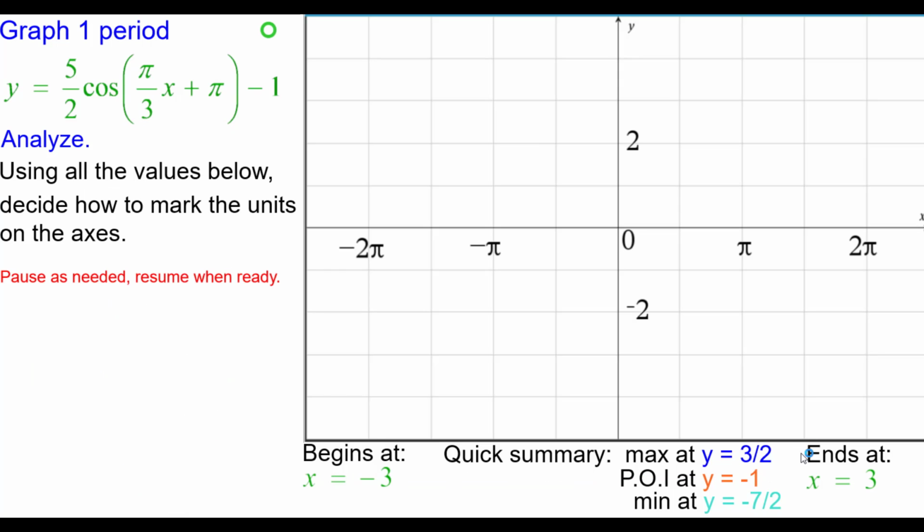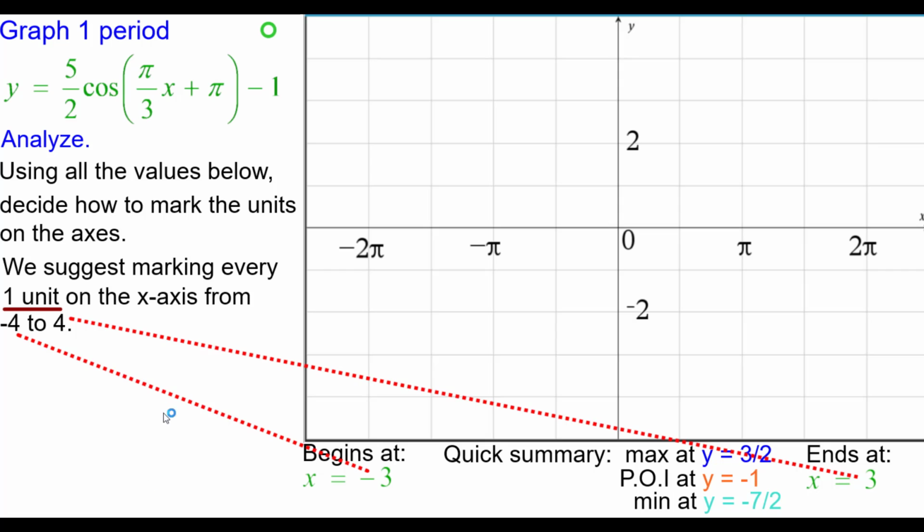So using all these values, we need to decide how to mark the units along the axes. So pause to do that. We're suggesting you mark every 1 unit along the x-axis and at least go from negative 4 to positive 4.